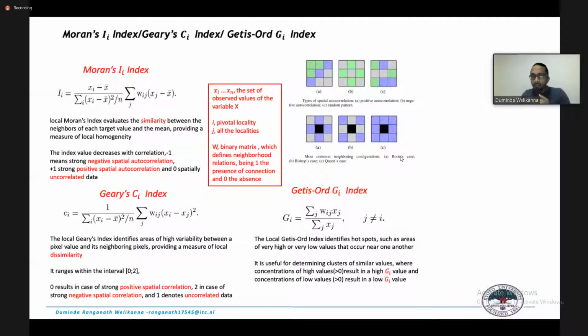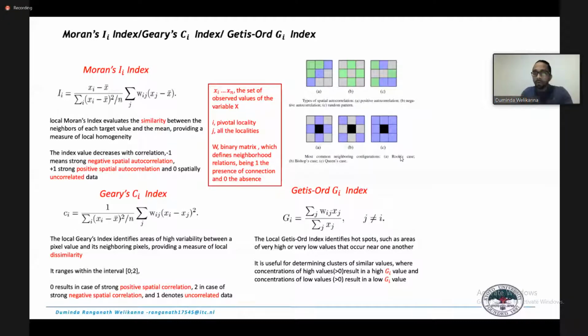So these neighborhoods are patterns. They have relationships. If there is a building, of course, there should be another building close by. So if there is a pixel belonging to this building, the next pixel should also most probably be a building, not a forest. Right?